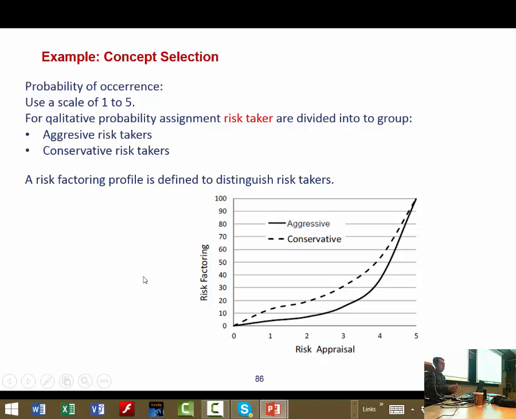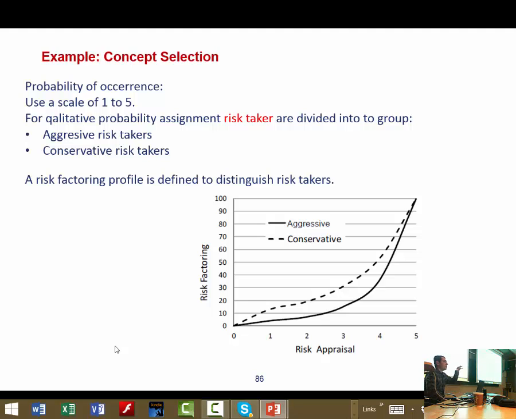And also in risk ranking, we rank the people or devices which are risk takers as aggressive or conservative. Because, for example, when you ask a designer what is the failure rate of the mooring system, the designer says, for example, medium. But when you ask the operator, the operator says high, because the designer always believes that his system never fails.